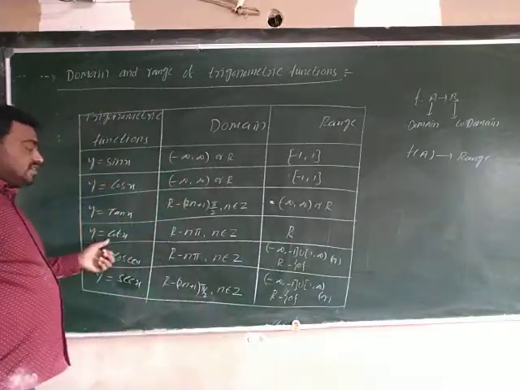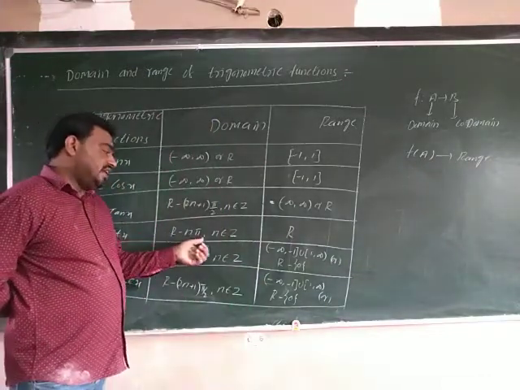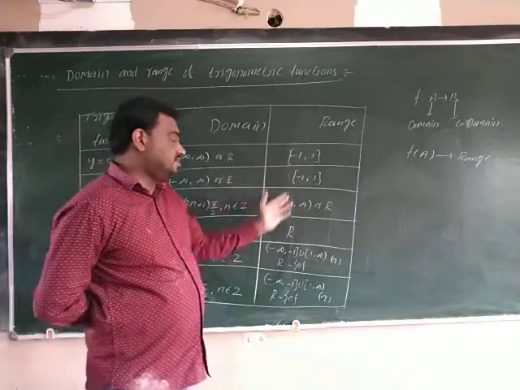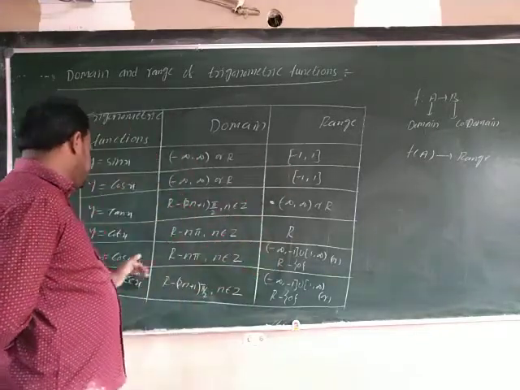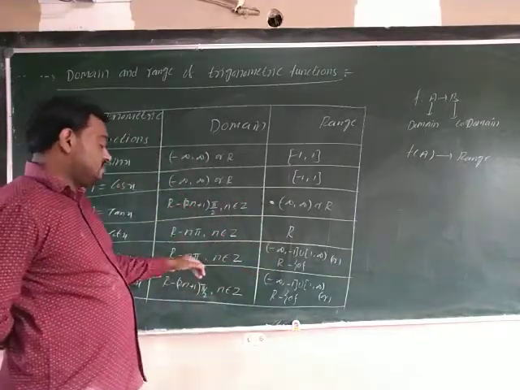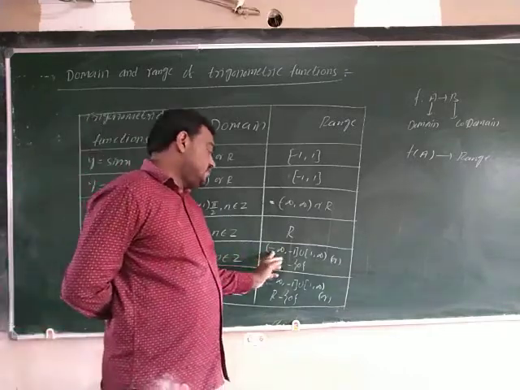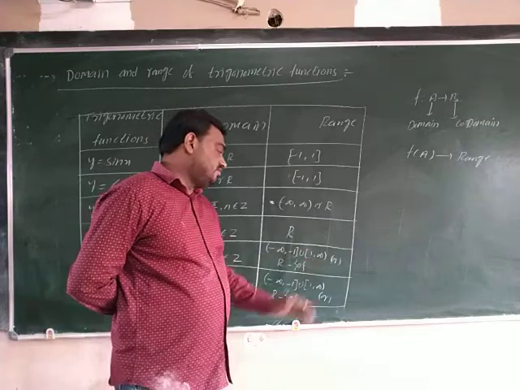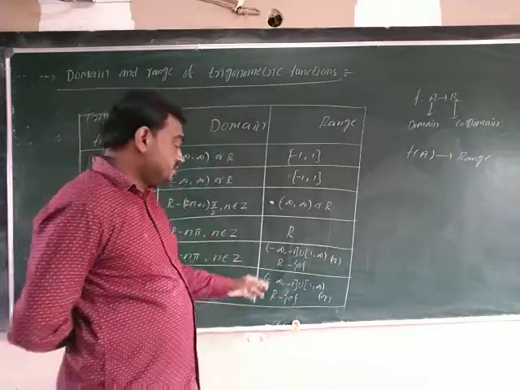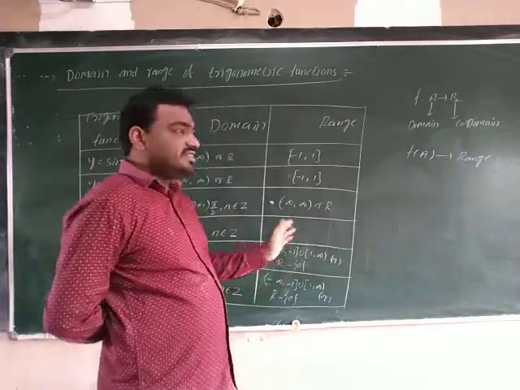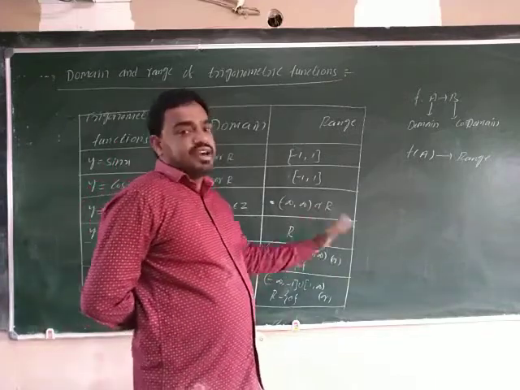Next, for cot x the domain is R minus n pi, where n belongs to Z, and the range is R. Similarly, remember this: for cosec x the domain is R minus n pi, where n belongs to Z, and the range is minus infinity to minus 1 union 1 to infinity. That means the values are less than or equal to minus 1, or greater than or equal to 1.